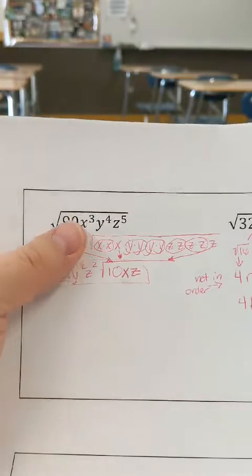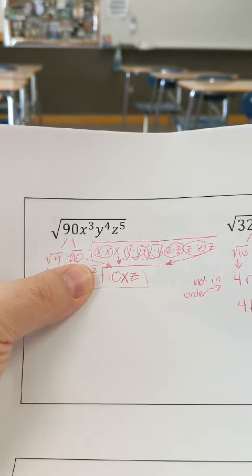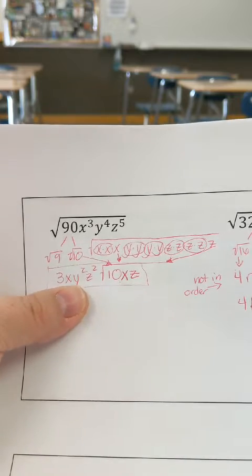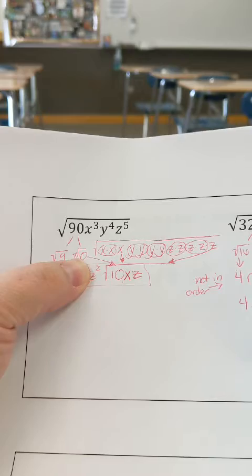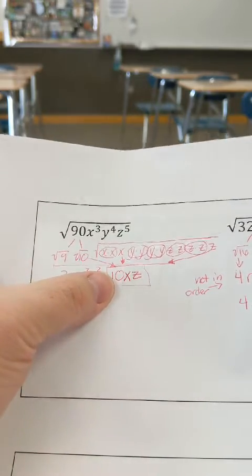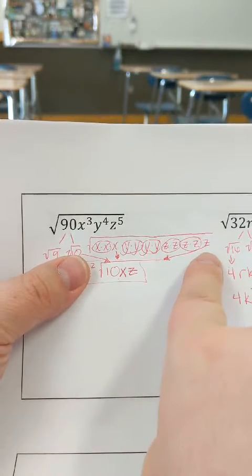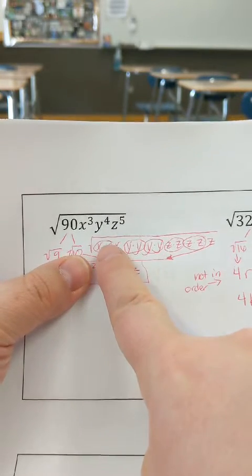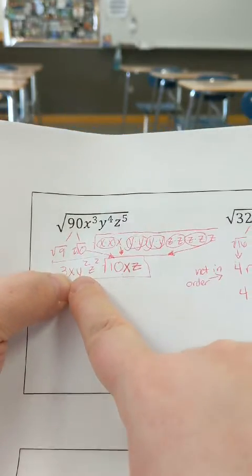Then, putting those 2 things together, I split 90 into 9 and 10. The square root of 9 is 3. Then 10 can't be broken again, so that would go inside the radical. And then I just wrote these out, and you don't have to do this on your assignment, but I'm just showing you why. So there's one group of x's that comes out, so that's where this x came from.